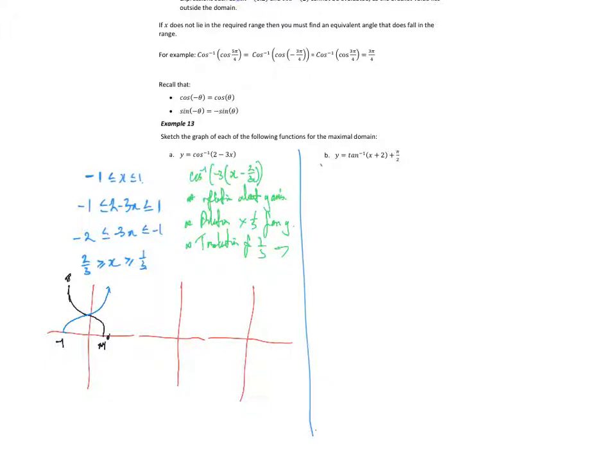Dilate by a factor of 1/3 from the y-axis. What does that mean? Everything gets squashed by 1/3. So that makes that -1/3, and that's +1/3. And we're still up here at pi.